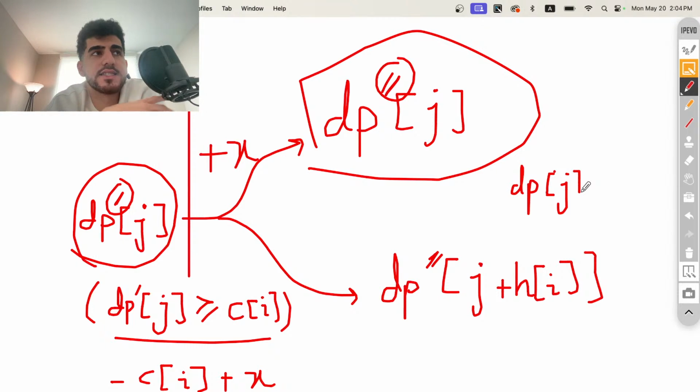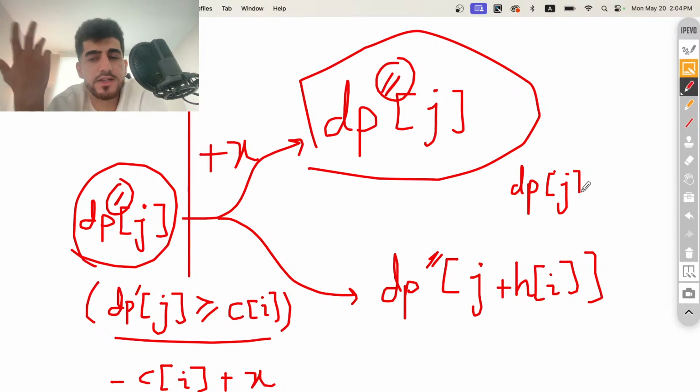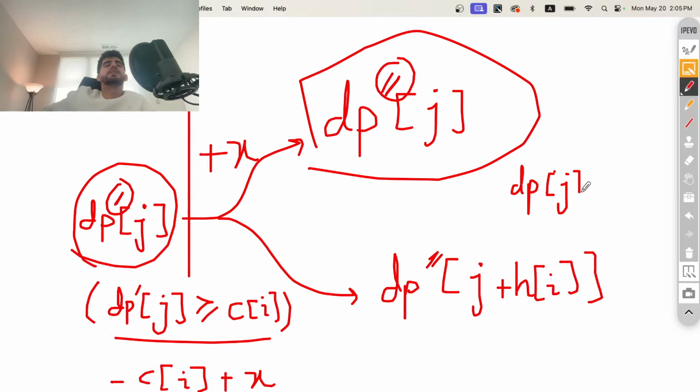What is the maximum amount of money if our happiness is currently j? And if there is no way that our happiness can be j, we set the answer of dp of j to be minus inf.